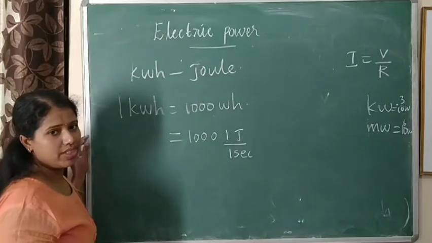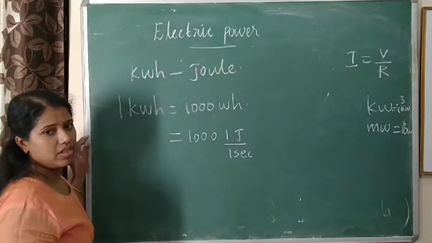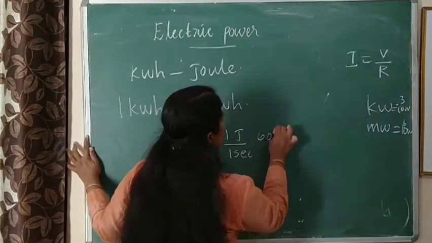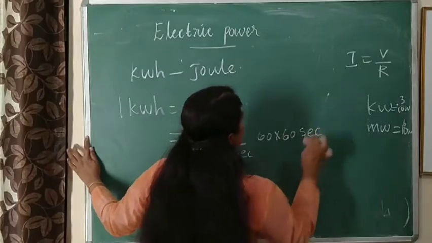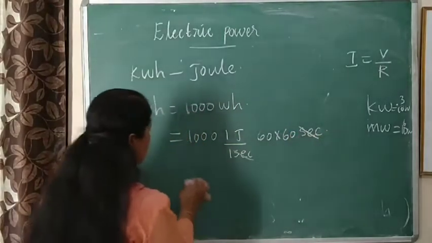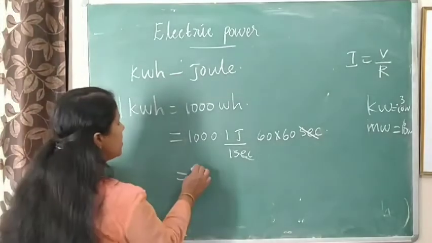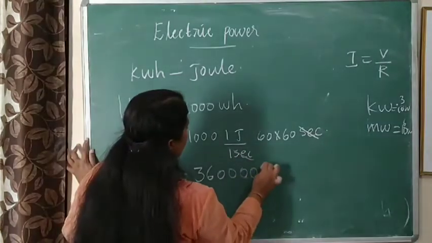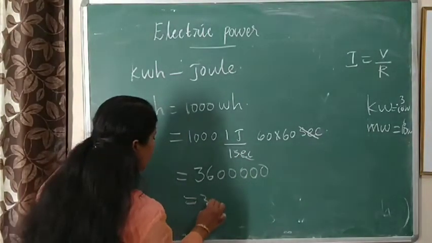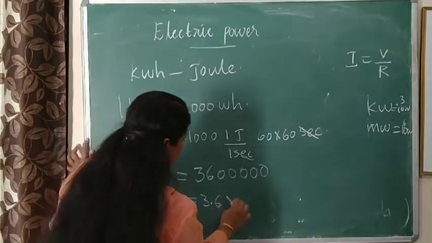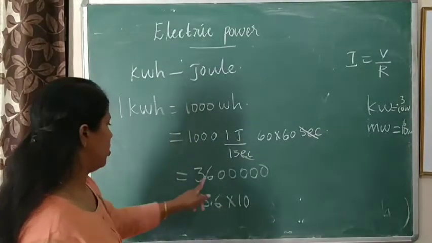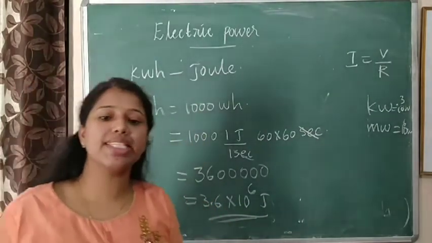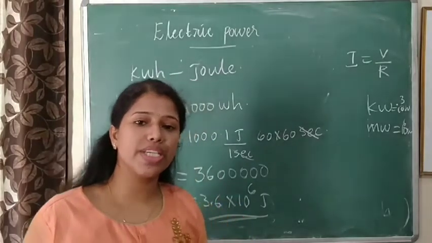Hour is equal to 60 into 60 seconds. Then the seconds cancel. 60 into 60 is 3600, and multiplying by 1000 we can write 3.6 into 10 raised to 6 joule.